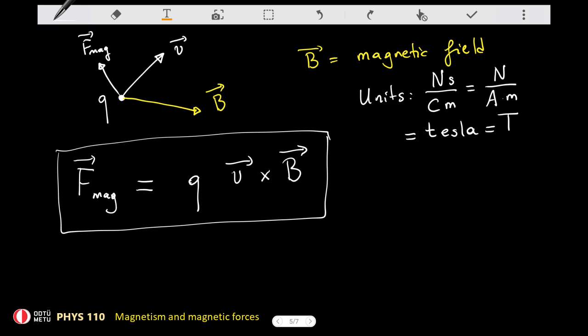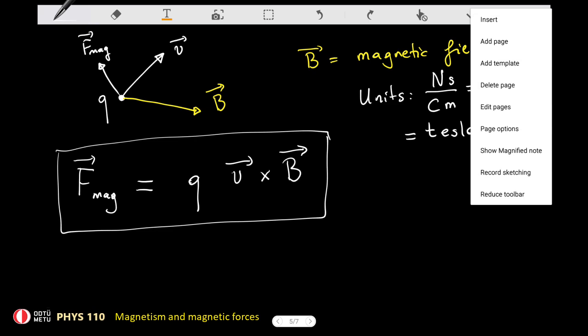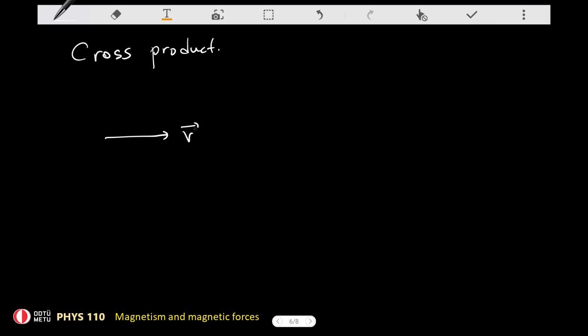Okay. So next, let's just remember this cross product. Let me add a page in here. Cross product. Since I have the product of the velocity and the magnetic field, let me draw them.